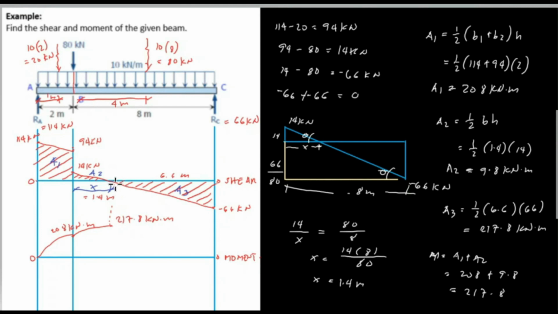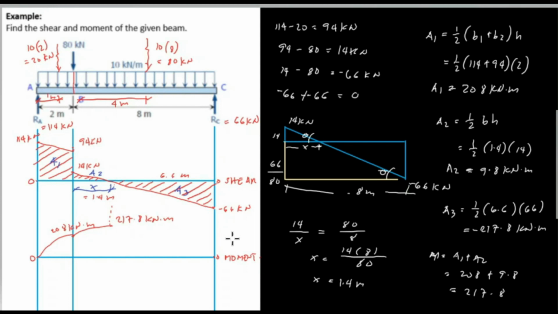Next, from this point up to point C, we have area 3, which is 217.8, and it is a negative value. So 217.8 less 217.8 of area 3, and the value is 0.